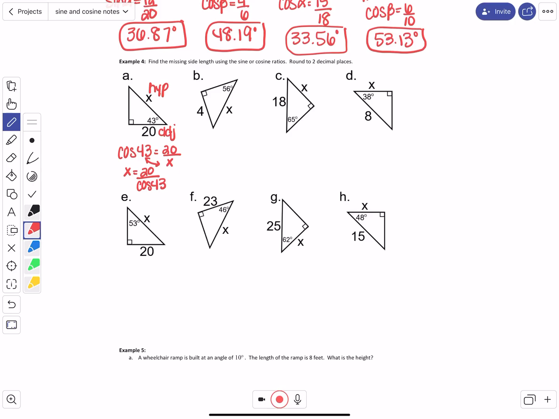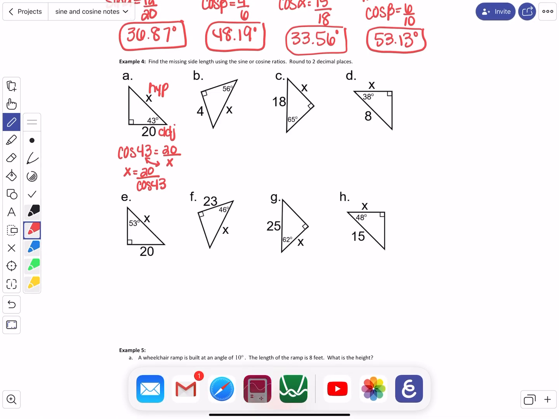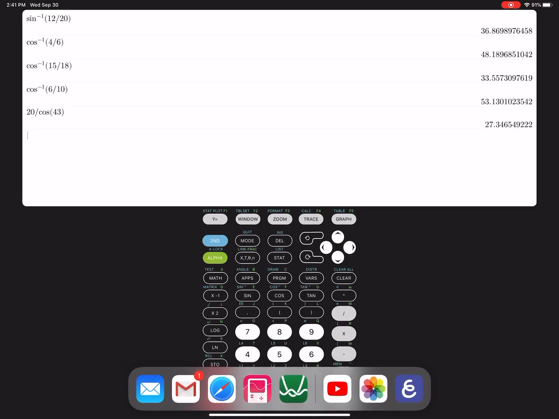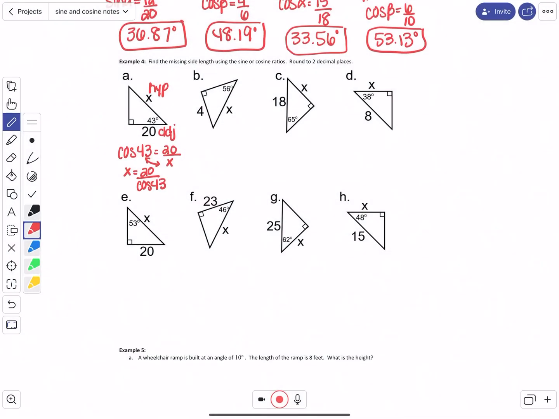Sides don't get seconds. So I just type in 20 divided by cosine of 43, just like that. And we get 27.35. So x equals 27.35.